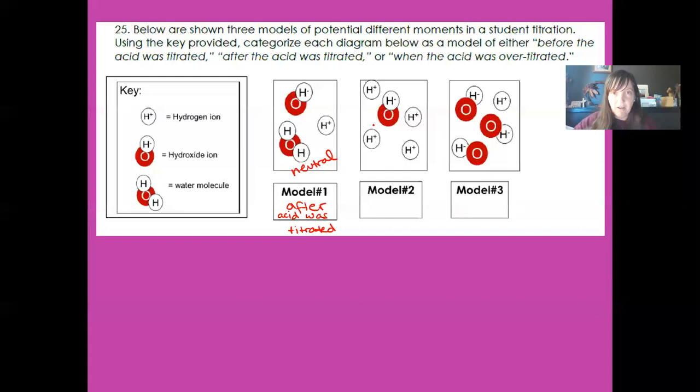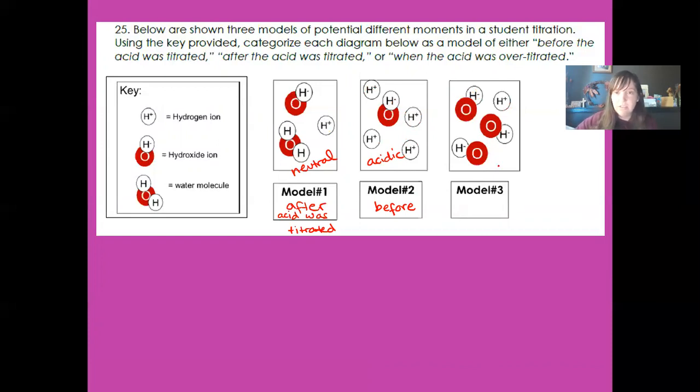Okay, in this one we've got a whole bunch of hydrogen ions and just 1 hydroxide. So this one is acidic. So this must be before the acid was titrated, when it was just an acid in there and hardly any base. And then this one, we've got hydroxide, hydroxide, hydroxide, and only 1 hydrogen.